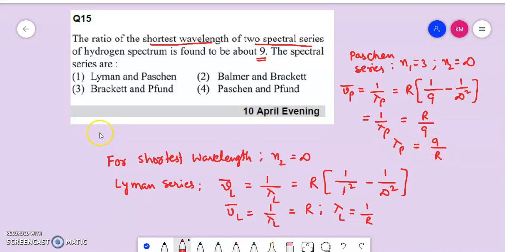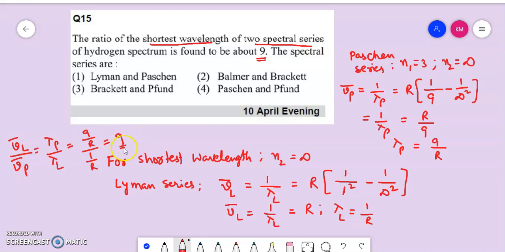Now they mentioned the ratio of the shortest wavelengths of the two spectral series. So I will take lambda P upon lambda L. Lambda P we got as 9 by R, and lambda L we got as 1 by R. So this gives you 9.